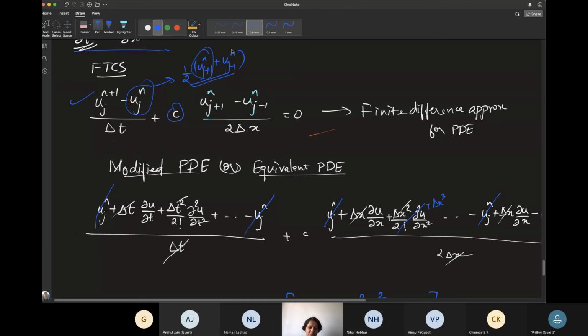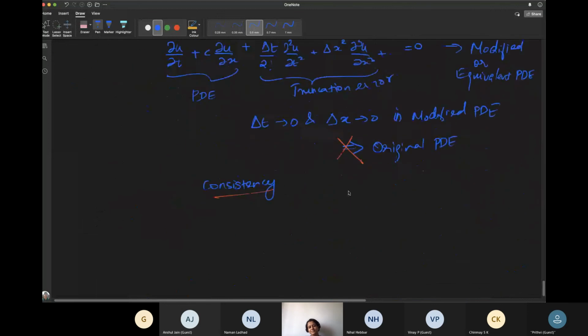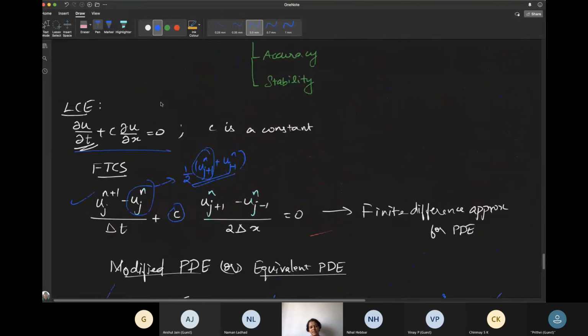Yeah, we can expand each of these and then we'll get something like minus half plus C. Then it won't be consistent, yes.